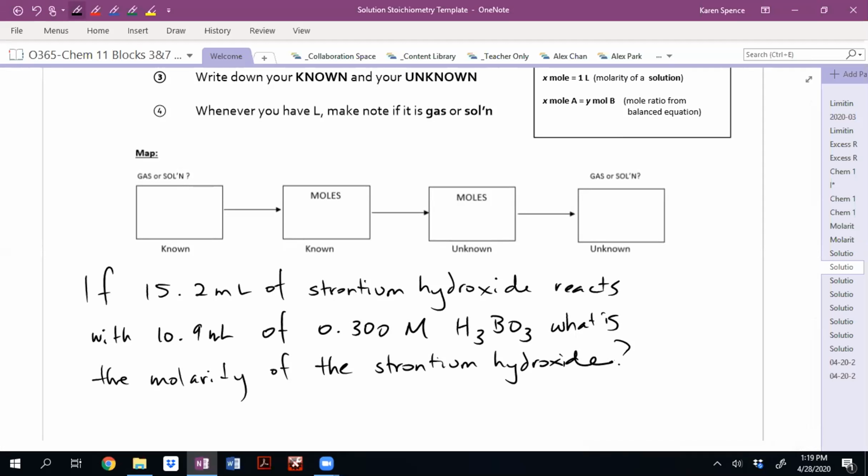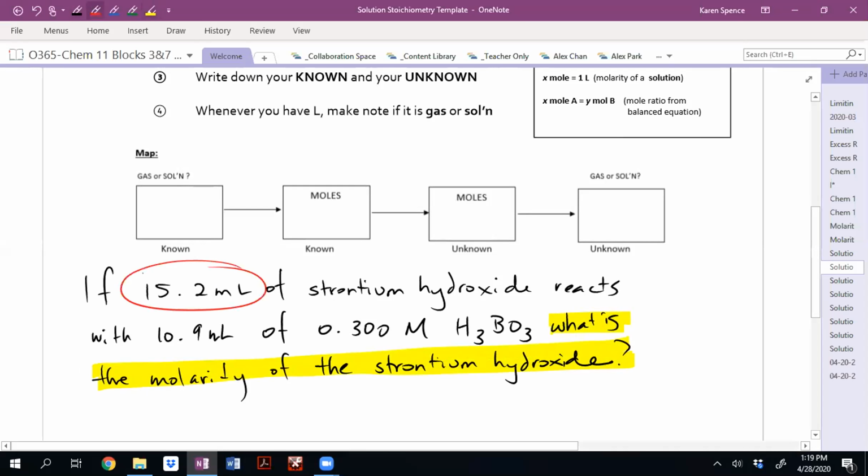Start by finding your unknown. It's usually easiest to start by finding that, because you've got the what or the how many. Who is our unknown? We want to find the molarity of the strontium hydroxide. Exactly. Even though we have some information about the strontium hydroxide, we're going to have to use that information to find the molarity.